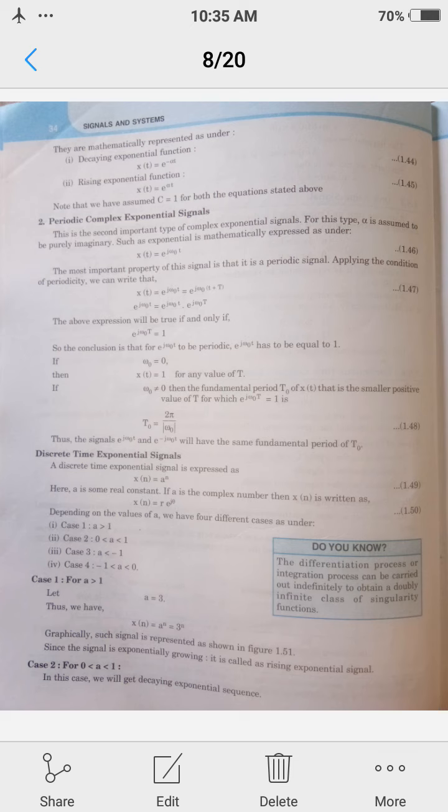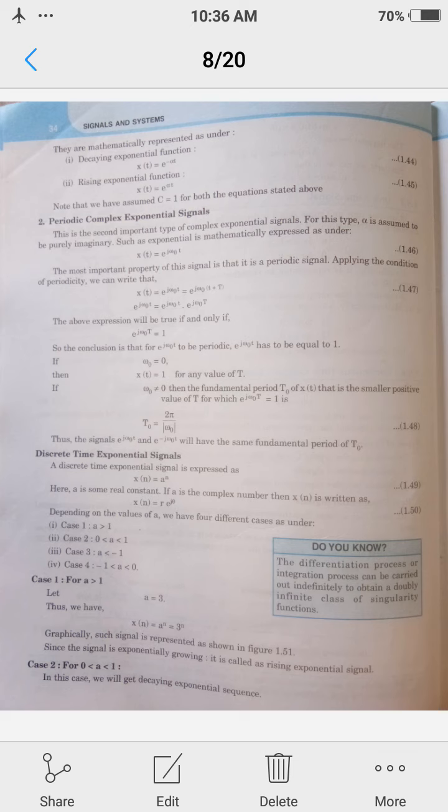Similarly, जैसे अभी हमने continuous time signals देखा, वैसे ही discrete time exponential signal can be possible, and it is mathematically represented as x[n] is equal to a to the power n. See, this is an exponential signal, but we are not using e, x[n] is equal to a to the power n is the form of the signal representation, where a is some real constant.